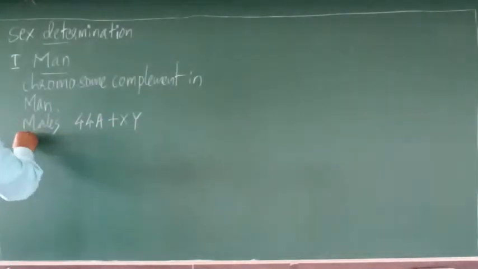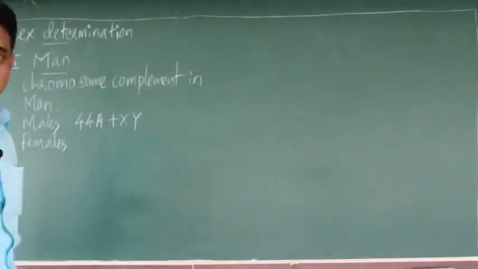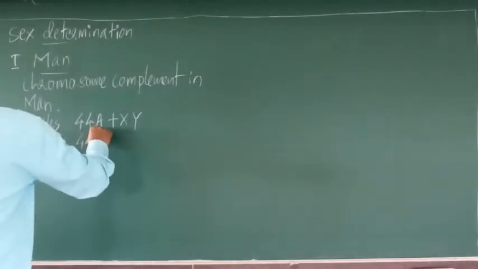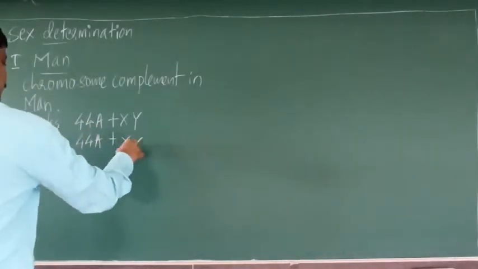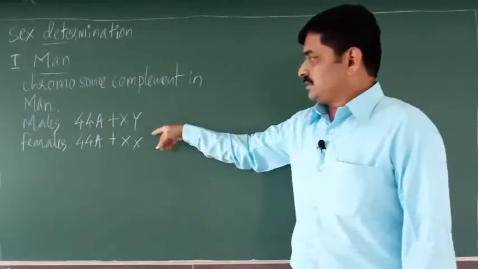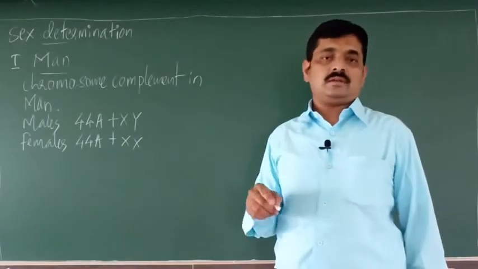In case of females, the chromosome complement is 44A plus XX. So these are the two chromosome complements in males and females in man.